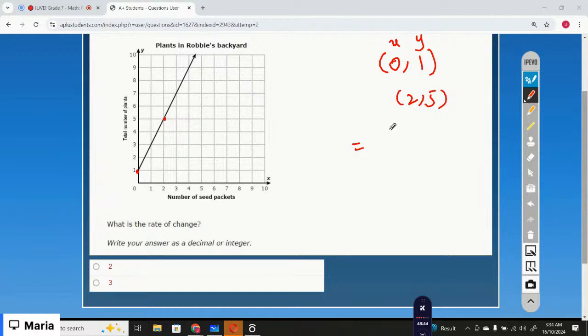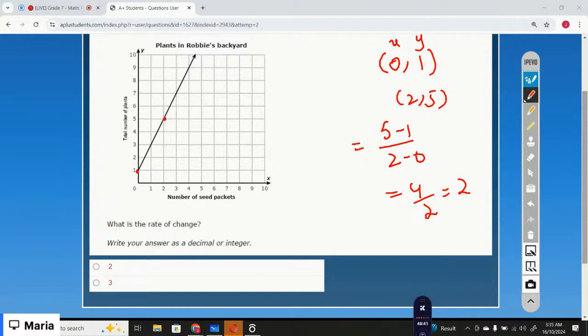So you have to calculate change in y: 5 minus 1 divided by 2 minus 0. 4 over 2. So the correct option is 2.